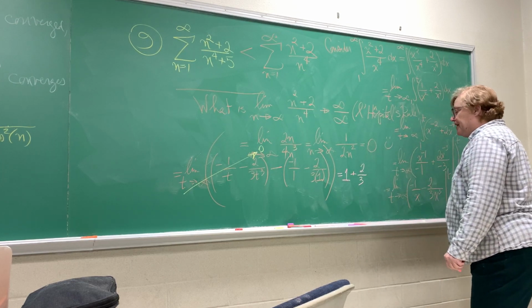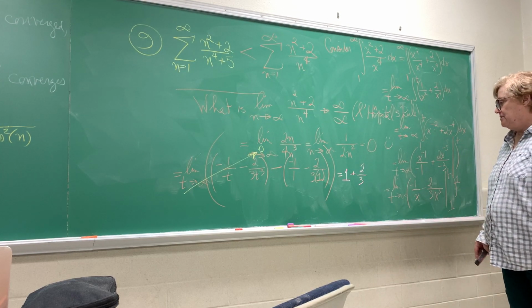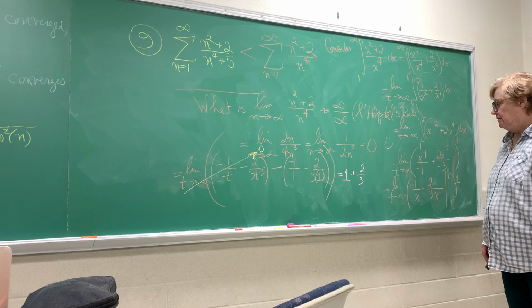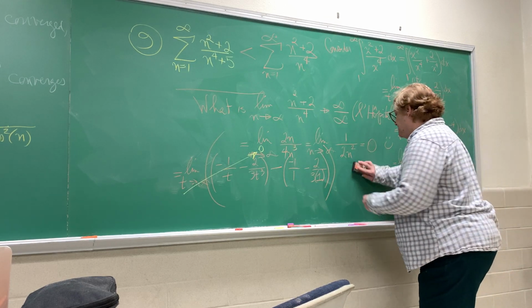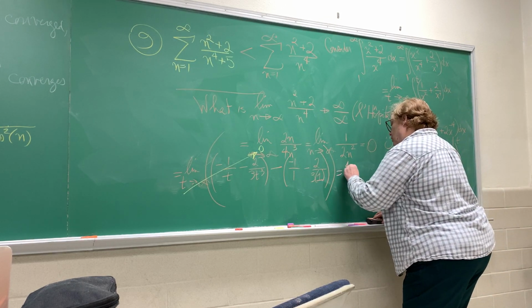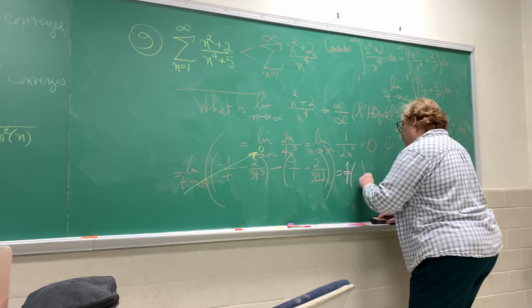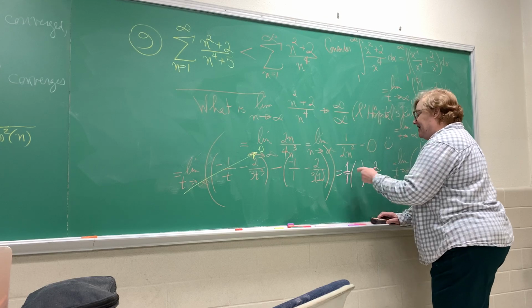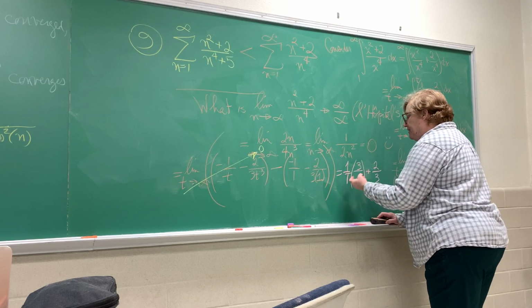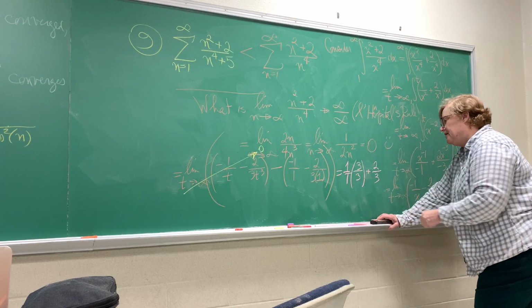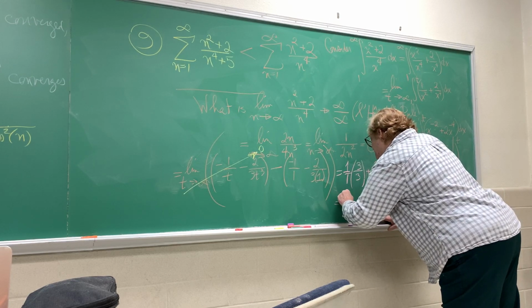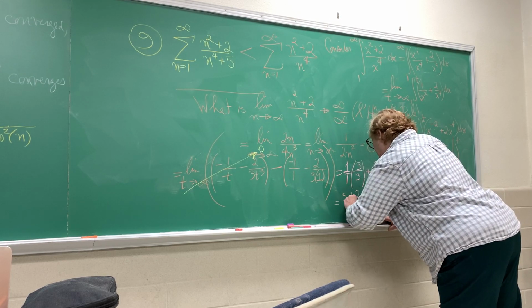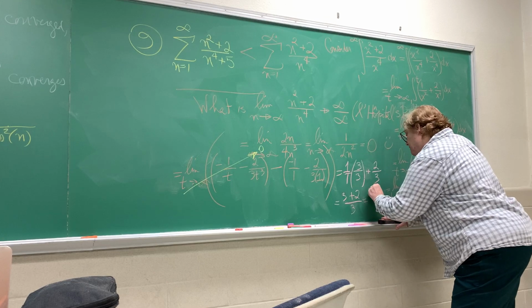Can I write that as something over 3? Let me rewrite this just one time. 1 over 1 times what? Plus 2 over 3. Yes, we can multiply the 1 by 3 over 3. That gives us 3 plus 2 over 3, and that's 5/3.